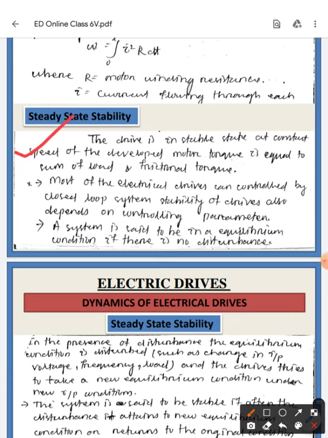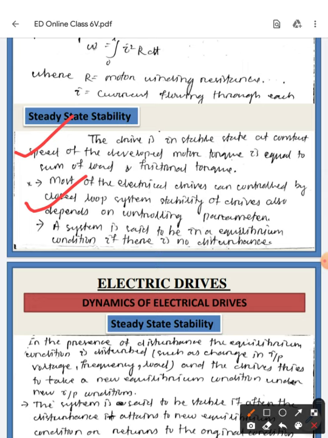Most electrical drives can be controlled by a closed loop system, and the stability of the drive also depends upon the controlling parameters.